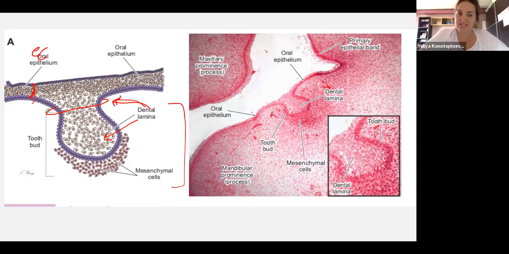When the bud is present in the mesenchyme, the mesenchyme responds to the presence of the bud by actively proliferating. It is creating a home for somebody. For who do you think? Who is going to come here soon?